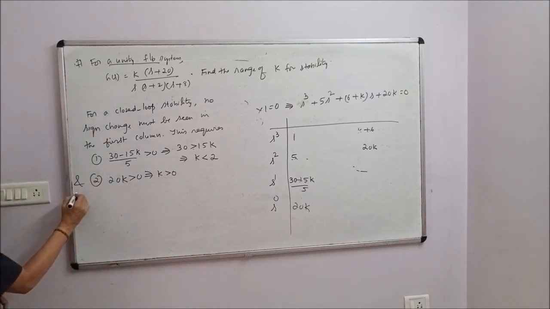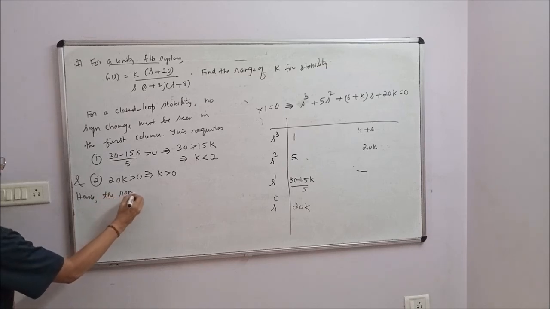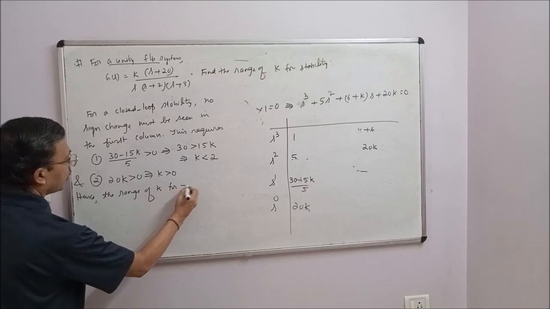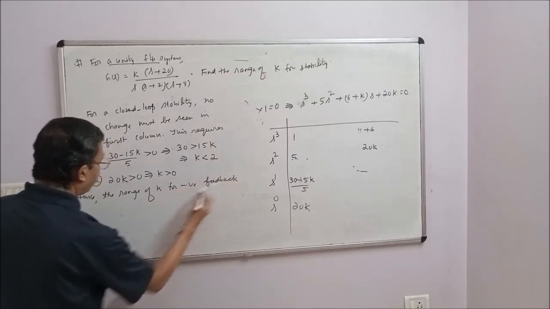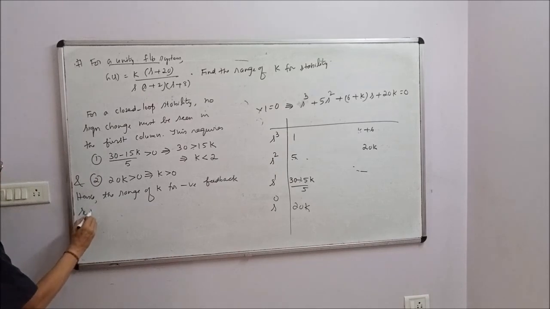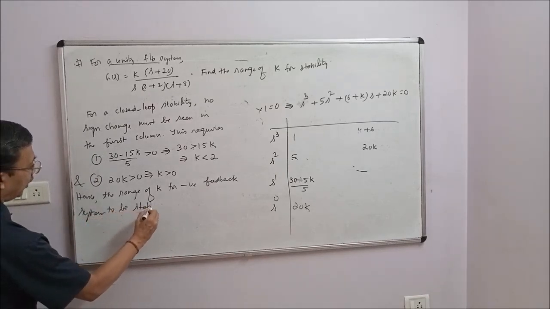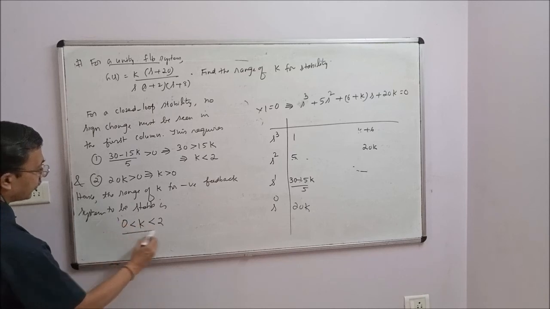Hence, the range of K for negative feedback system to be stable is K should be greater than 0, less than 2.